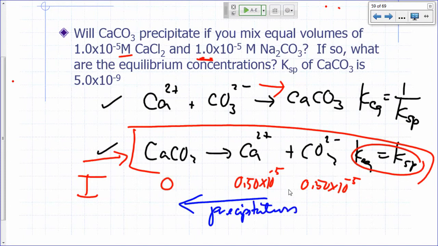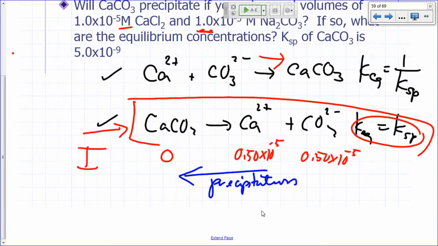And when will precipitation occur? You remember? When will the reverse reaction occur? When you compare Q and KEQ. When Q is greater than KEQ, right? It goes to the left. Remember from your earlier lesson.